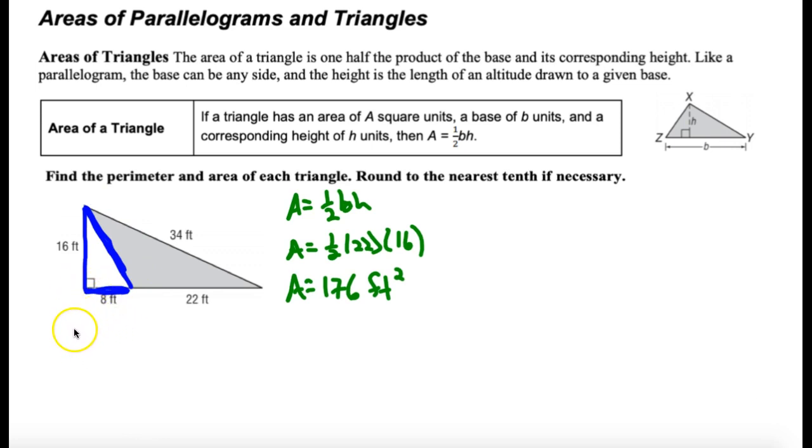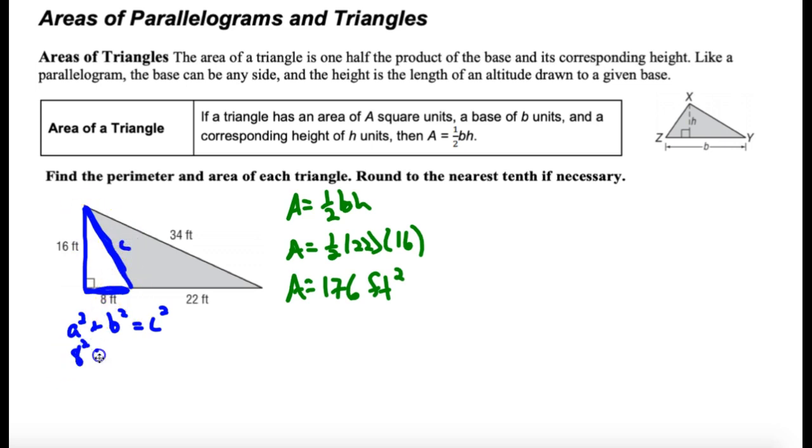I can use the Pythagorean theorem to find that missing piece of information. Even though this 8 and this 16 are not sides of the triangle, we're still given that, and we can use that to find this third side. So the 8 and the 16 are the two legs, and the missing side is the hypotenuse.